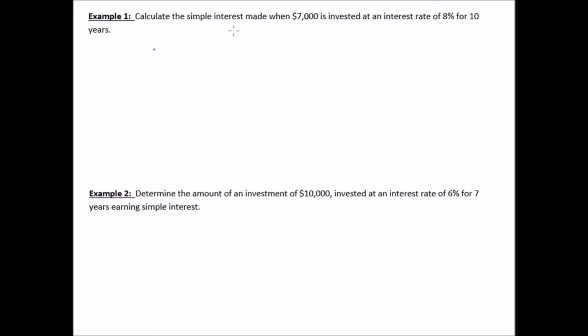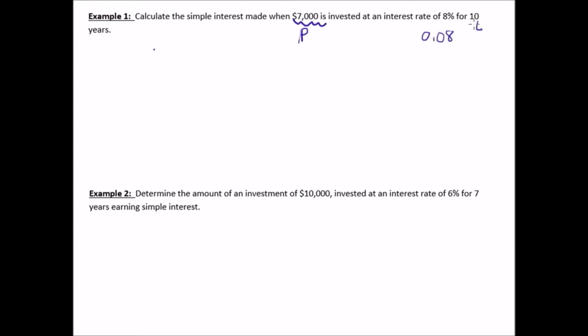So let's go ahead and use the simple interest formula in real calculations. Here's example 1. Let's calculate the simple interest made when $7,000 is invested. That's the principal amount, the starting amount, invested at an interest rate of 0.08 for 10 years.